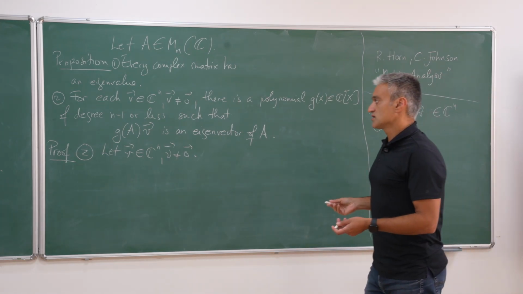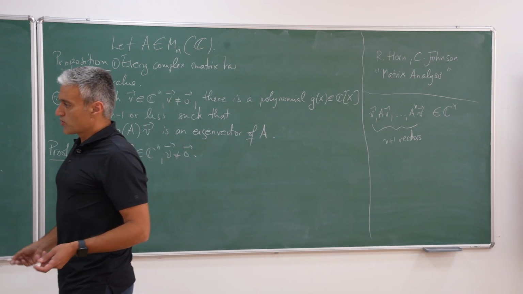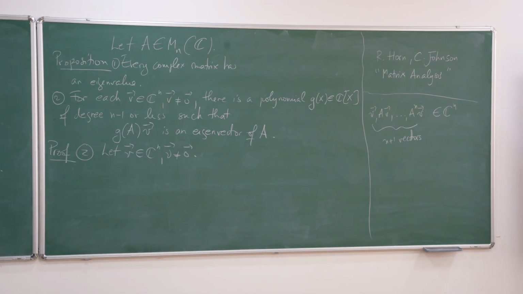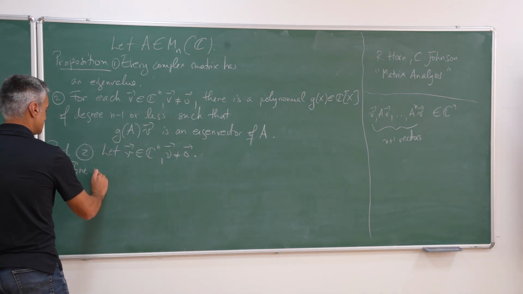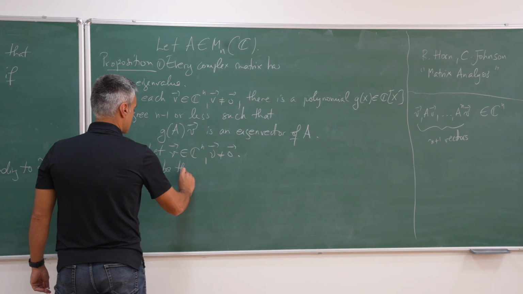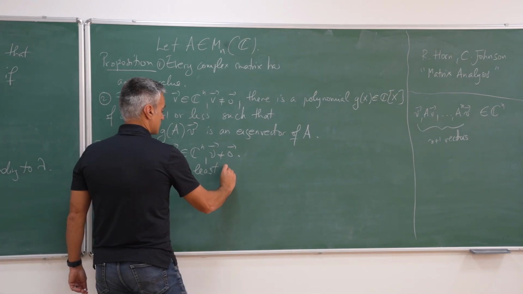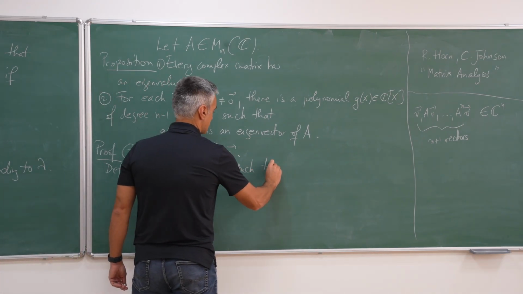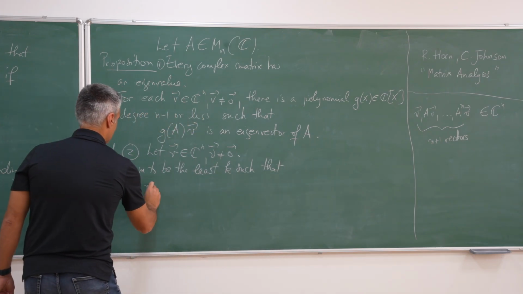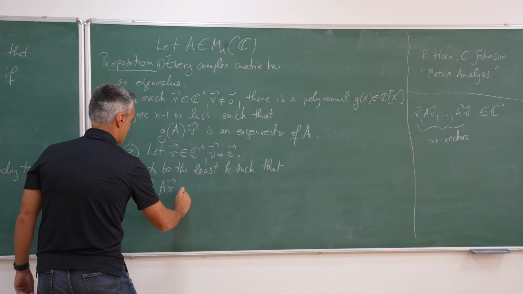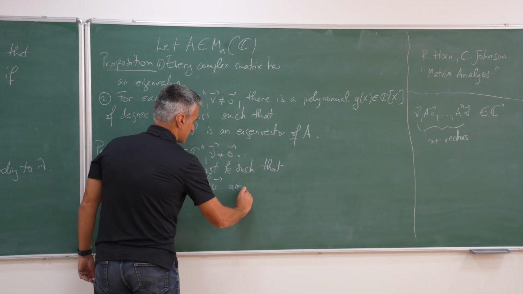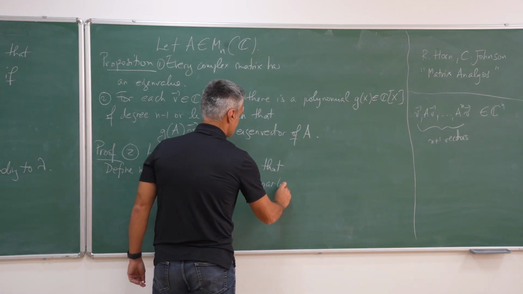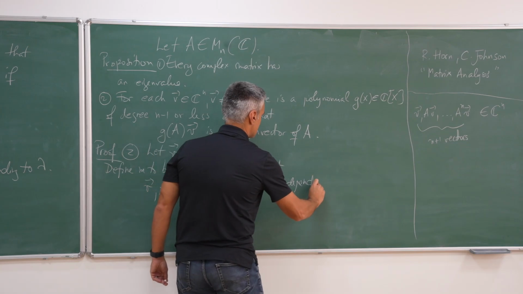Okay, and you can be a bit more clever about it, and you can say define m to be the least k such that V, AV, ..., A^k V are linearly dependent.